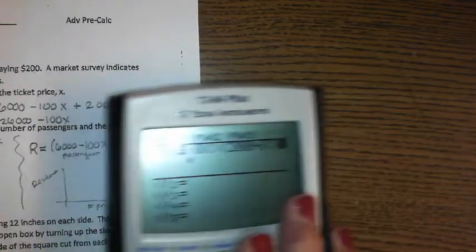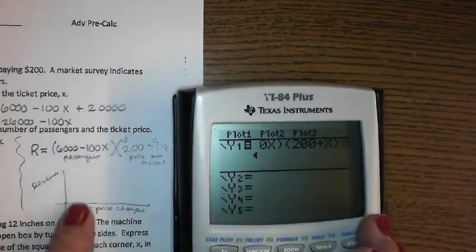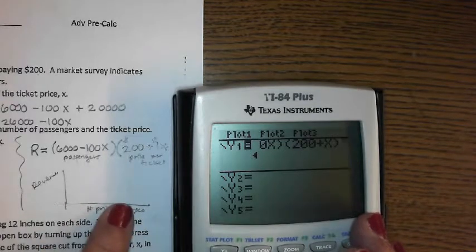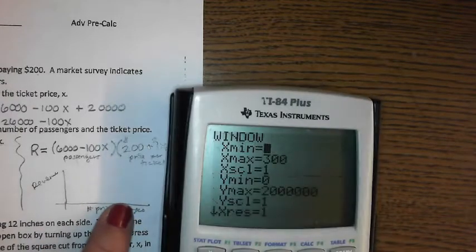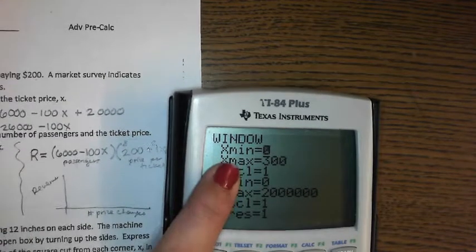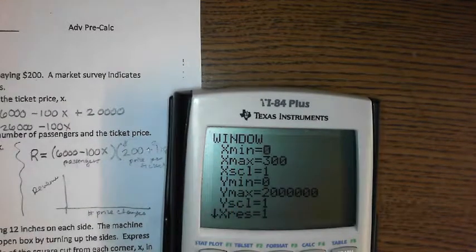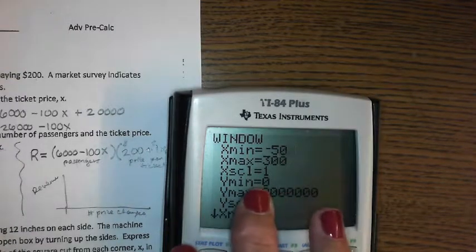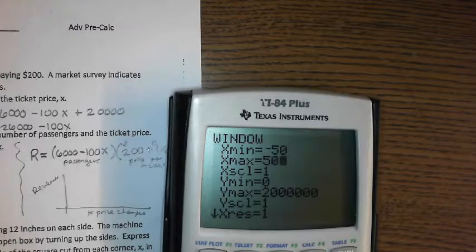Now my window should be a little bit different because x is the number of price changes. It's not the price of the ticket. So if I go to my window, it does make sense to look at negative x's because that would be decreasing the price up to 50 times by $1, or maybe increasing up to 50 times.